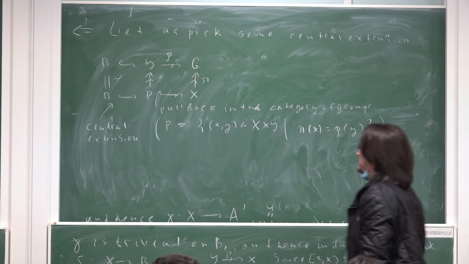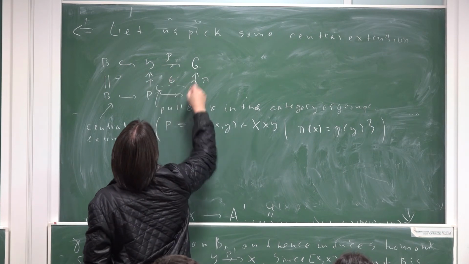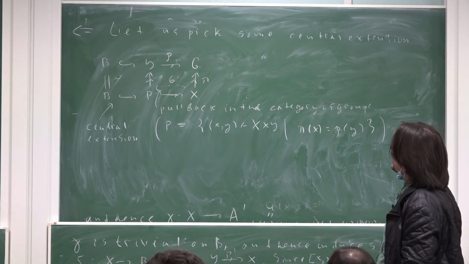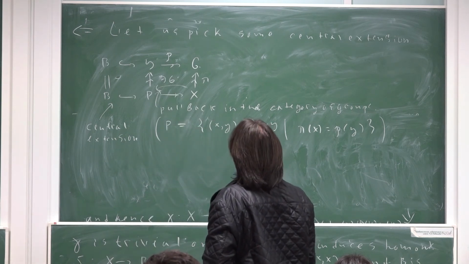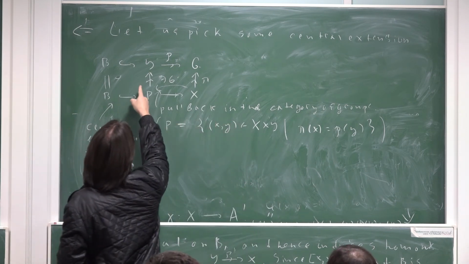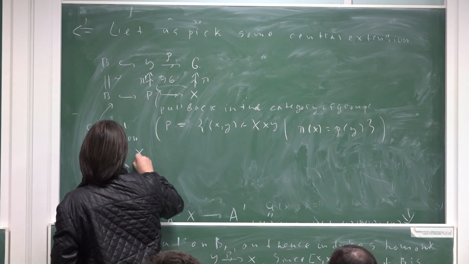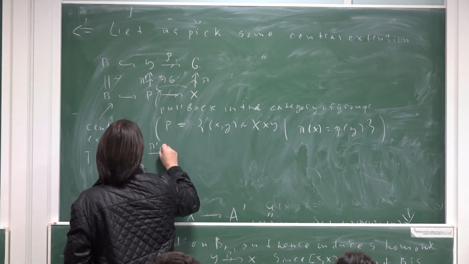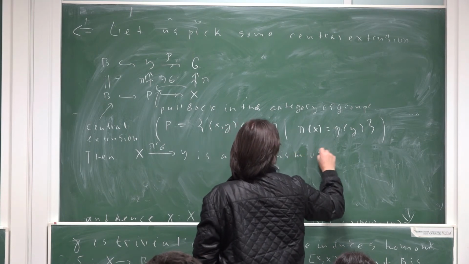And so there is a map from X to P that splits this extension, and we claim that pi prime sigma is a morphism of extensions.